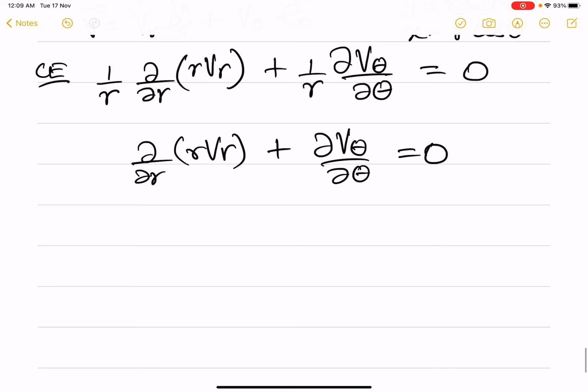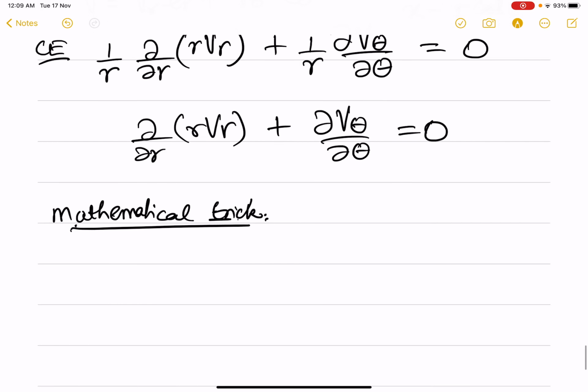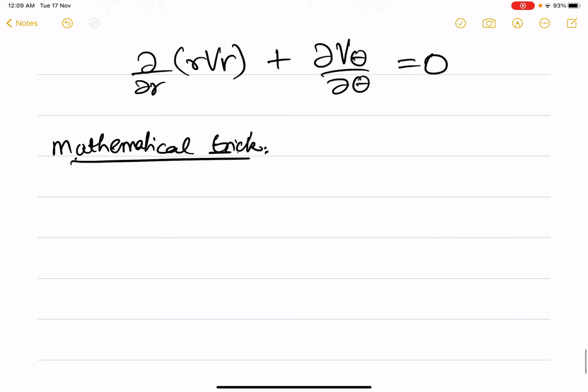Now there's a mathematical trick which we use, and you'll realize this is just more of a mathematical trick, and I will explain what it is.